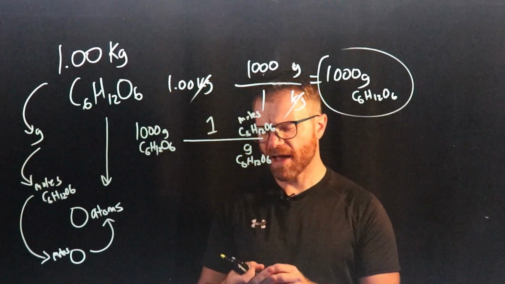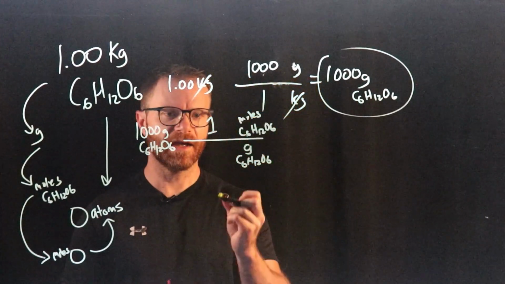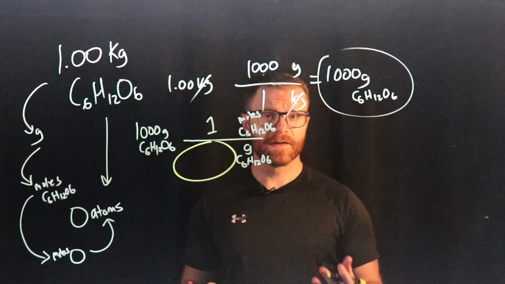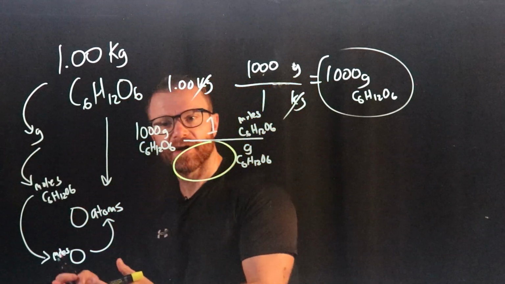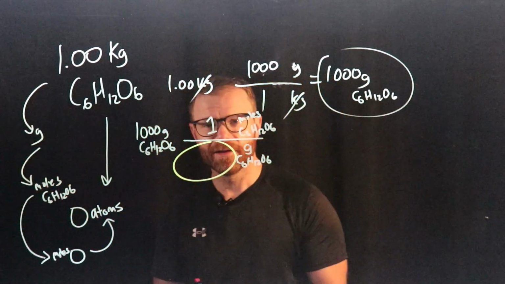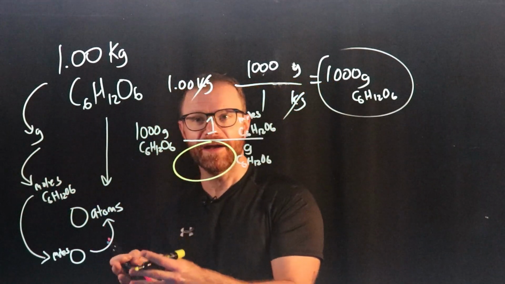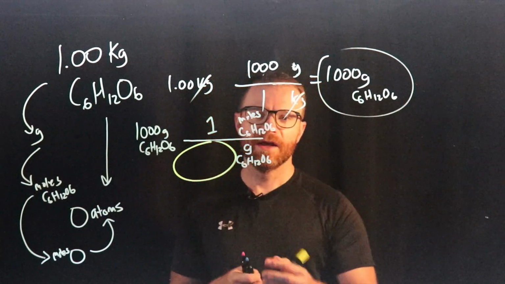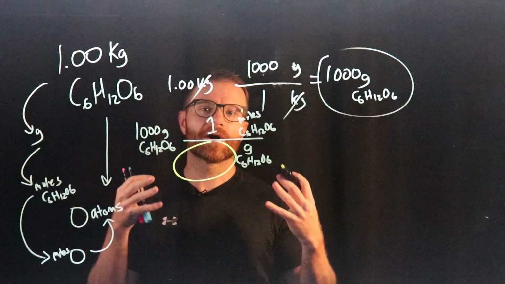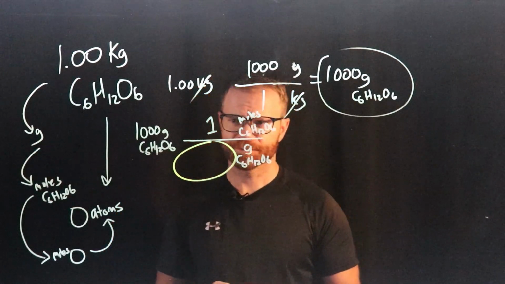Well, in order to do that, we have to calculate, once again, the molar mass. So to get the molar mass of pure sodium, we just looked it up in the periodic table. It's 23. To get the molar mass of iodine, we had to look up the atomic mass of iodine, and then we had to multiply it by 2. In this case, we have a much bigger molecule, so it's going to be a more complicated process.